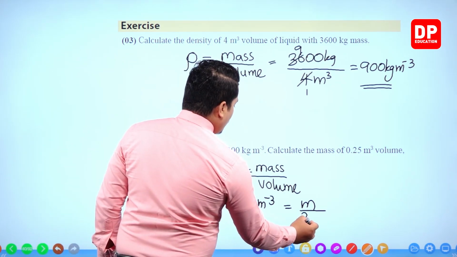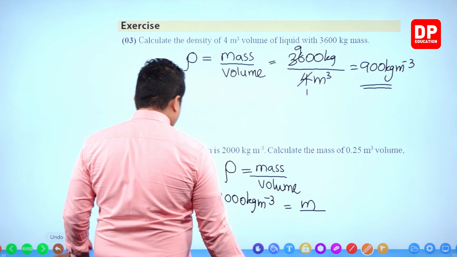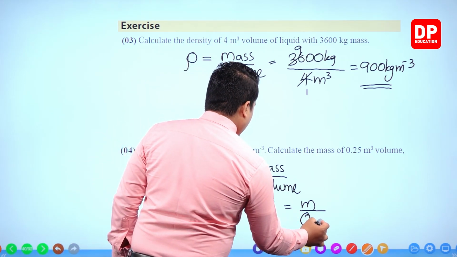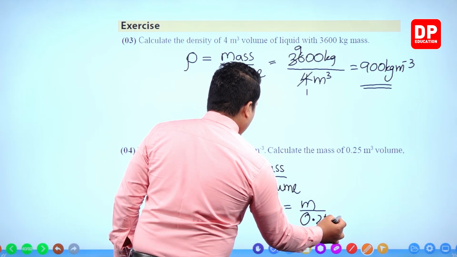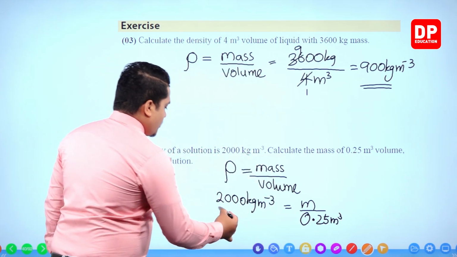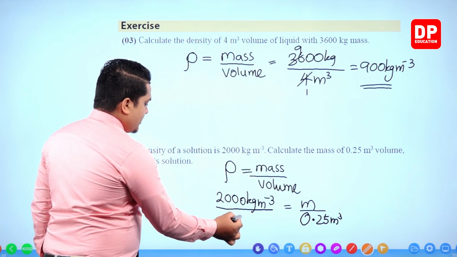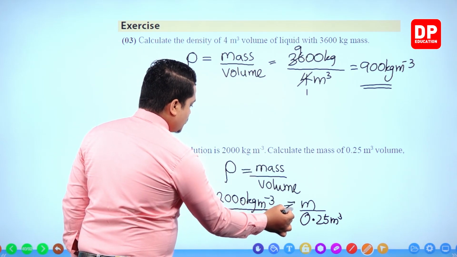However, we do know the volume. Volume is given as 0.25 cubic meters. Now, once again, what you have to do, you put 1 here and do the cross multiplication.